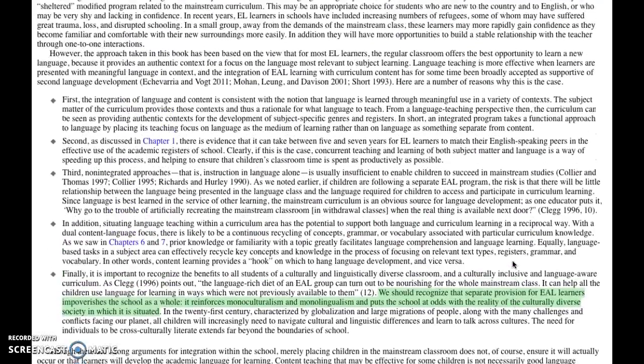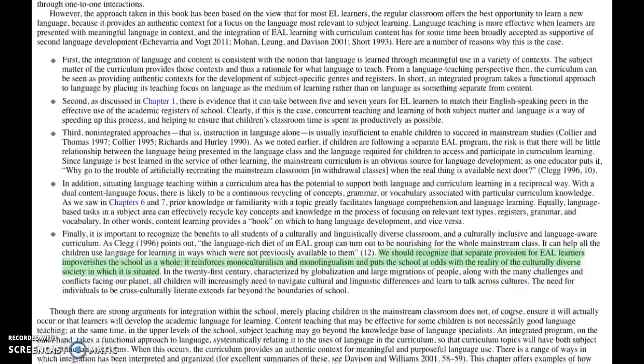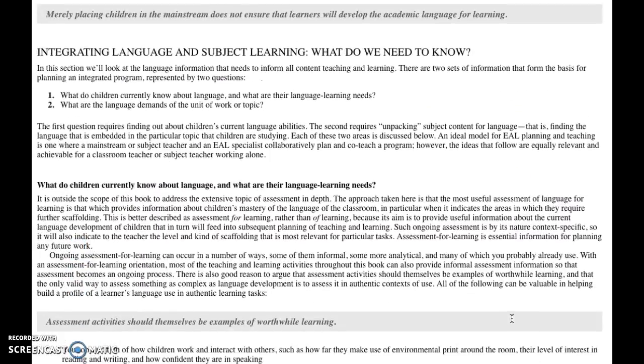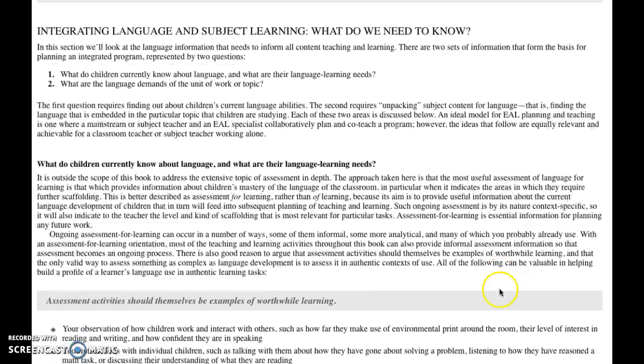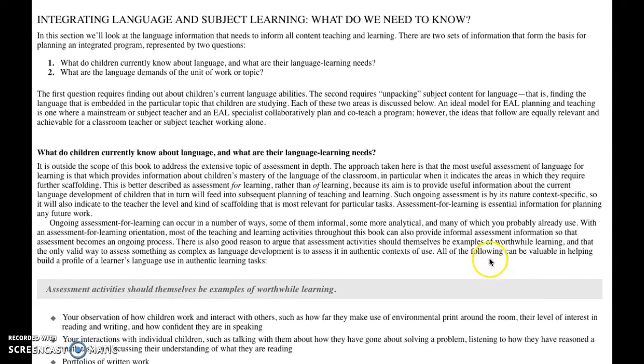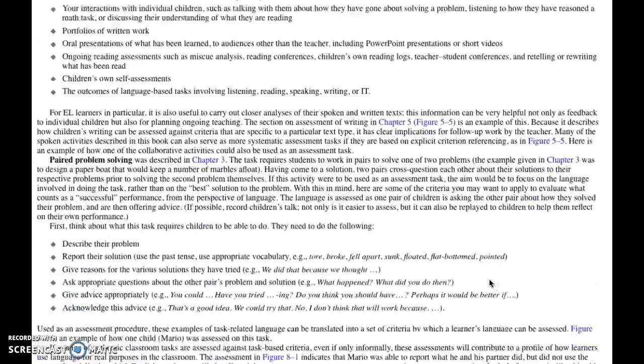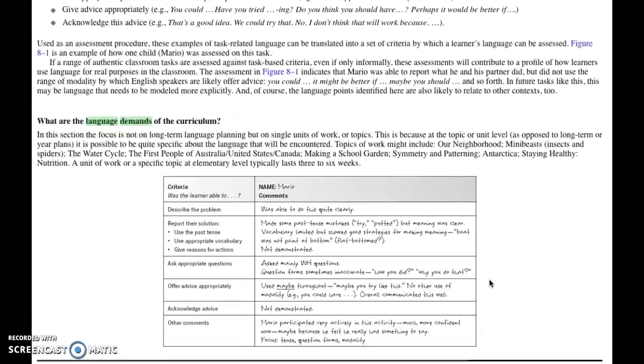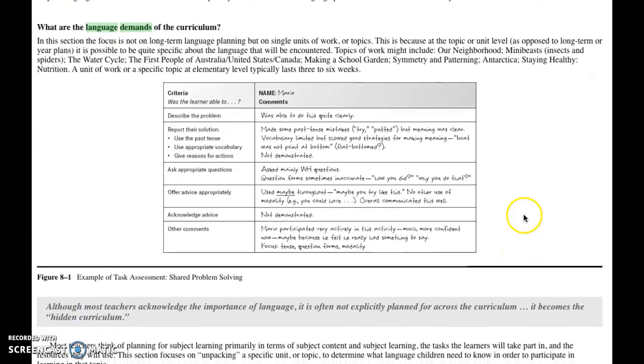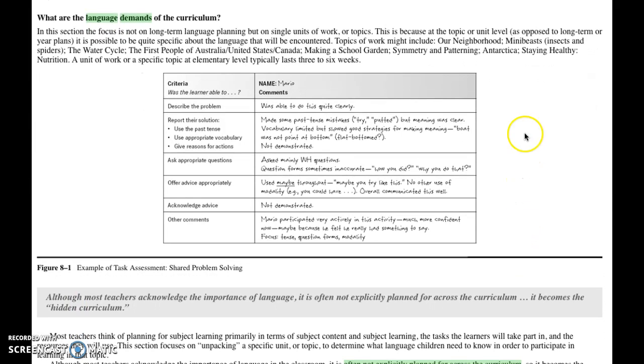So, going back to the importance of integration and being there for our English language learners, and providing them with multiple opportunities to practice language learning in the content areas, and also the importance of knowing the language demands of the curriculum and of the content that you are teaching.